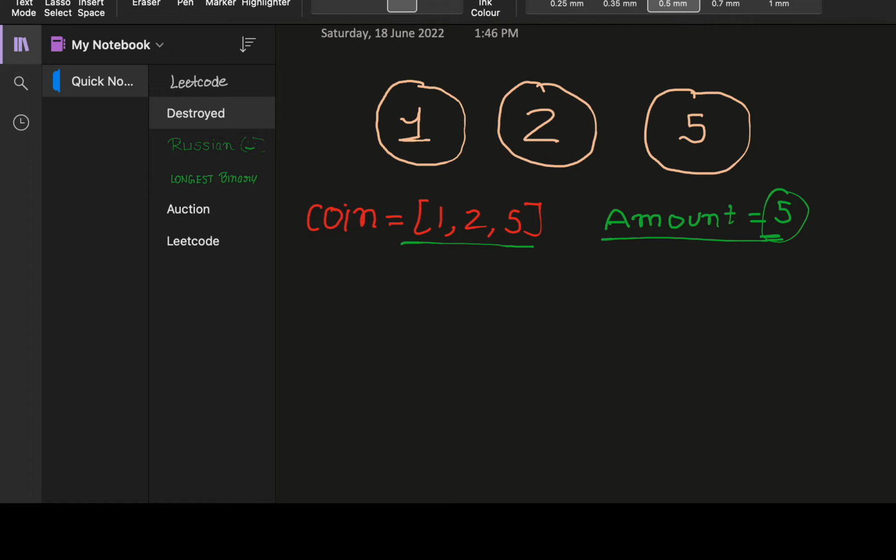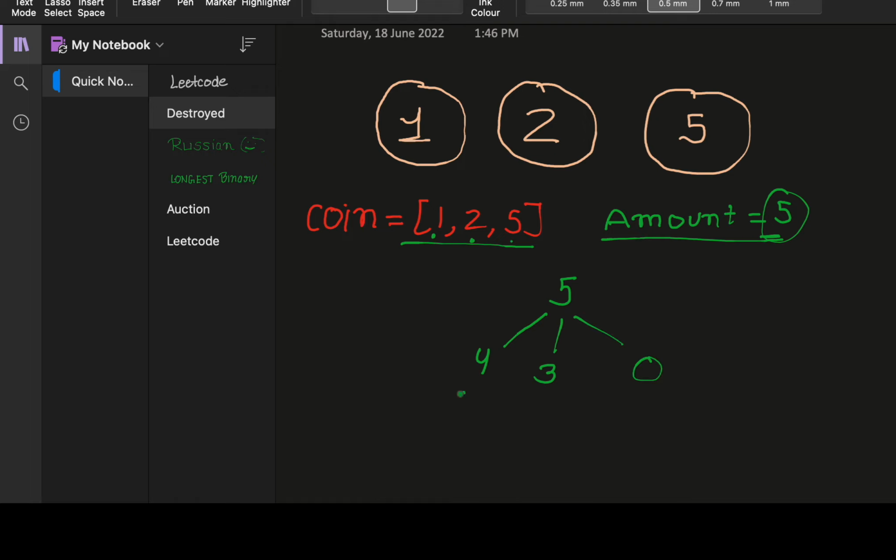If we have the amount 5, how many ways can we pay this? If we pay 1 rupee, we are left with 4. If we pay a 2 coin, we are left with 3. And if we pay 5, we are left with 0.